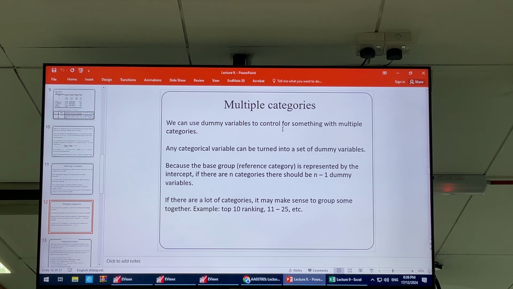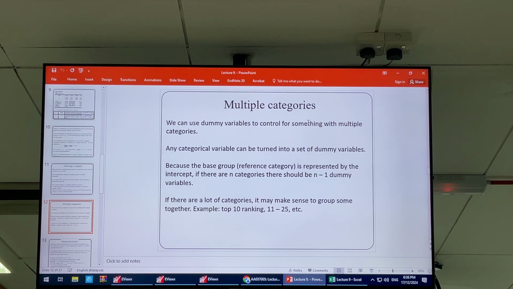Understand? For example, we have the highest education level for these 49 respondents, with 3 categories: primary, secondary, and tertiary, university level. So we can create up to 3 dummy variables, one for each category.